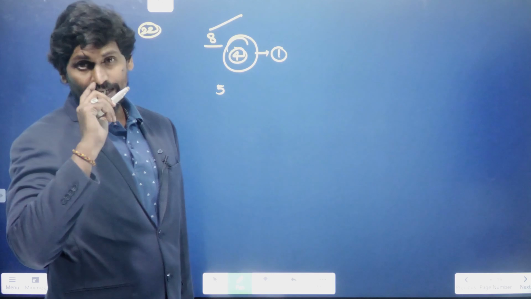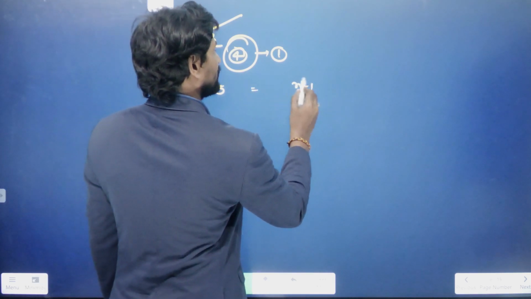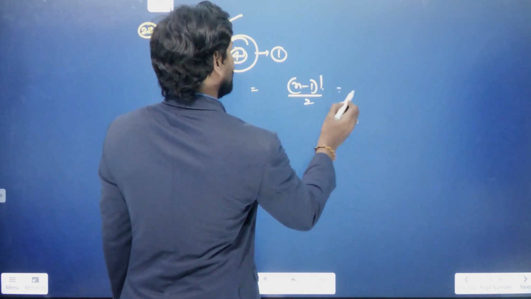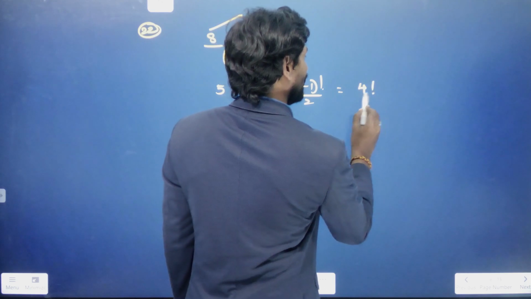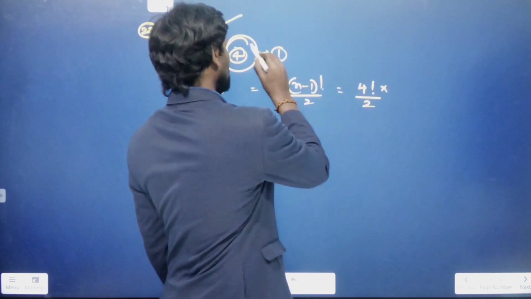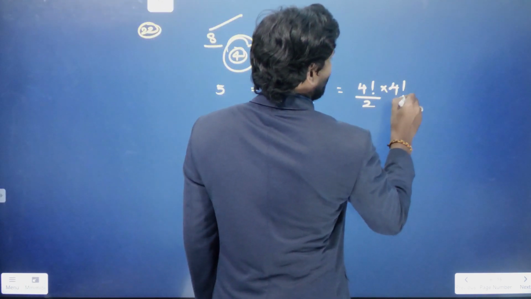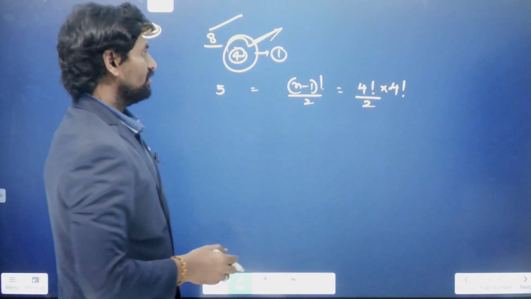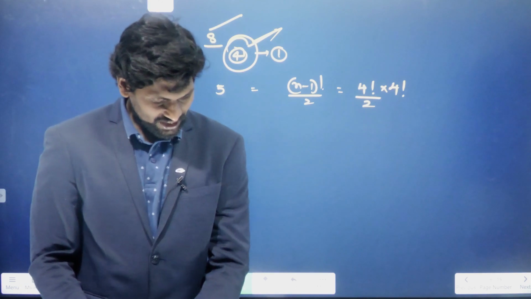These 5 units are arranged in a string like a garland. So the formula is (n minus 1) factorial by 2. That means 5 minus 1, 4 factorial by 2, into the 4 that are together, which can sit in 4 factorial ways. So 4 factorial into 4 factorial by 2 will be our required answer.